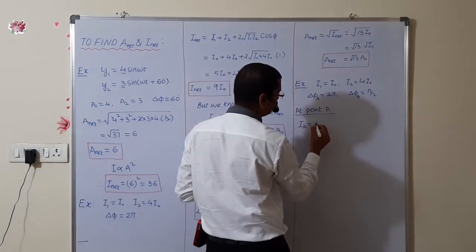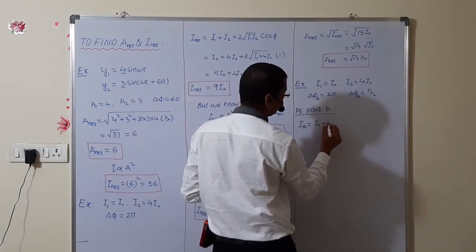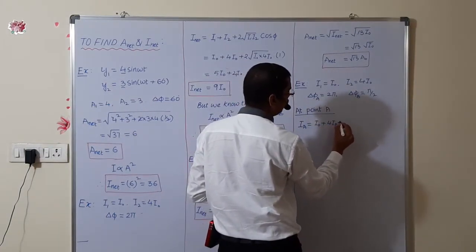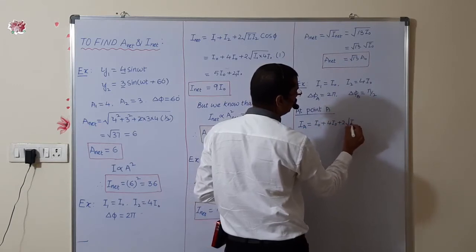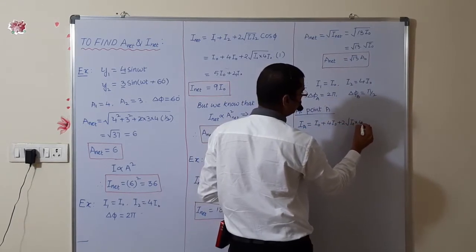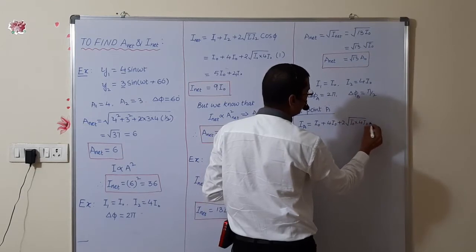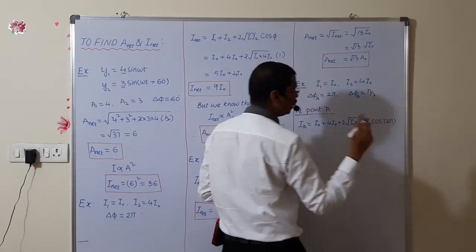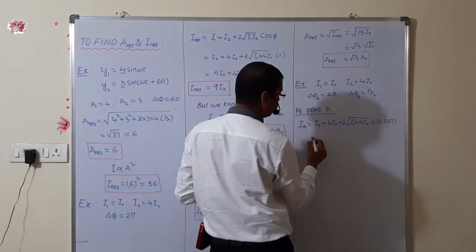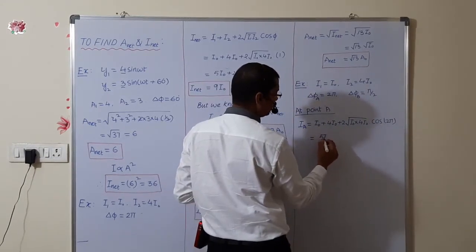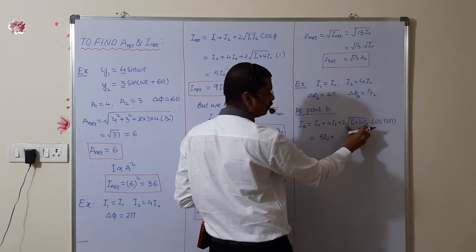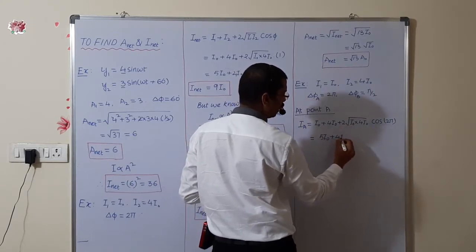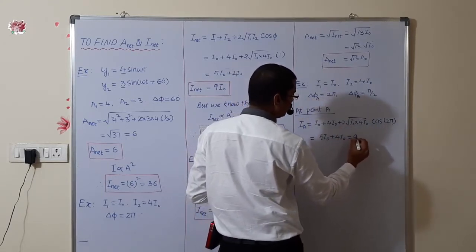Here I1 is equal to I naught, I2 is equal to 4 I naught, plus 2 root I1 into I2, which is 4 I naught, into cos 2 pi. The cos 2 pi value is 1. Then we can write it as 5 I naught plus 4 I naught, which is 9 I naught.